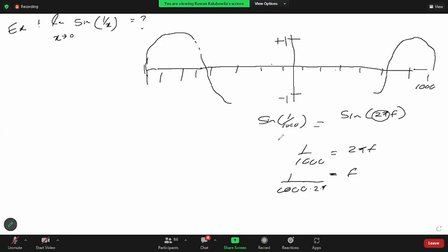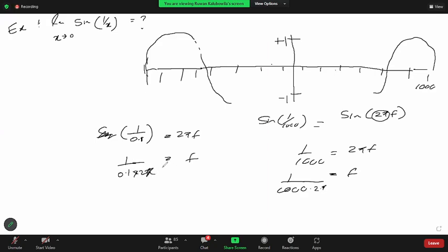But when x is very near to or below 1, let's take 0.1, then this should be equal to 5f. Then if you calculate f, you have some value for f, right?